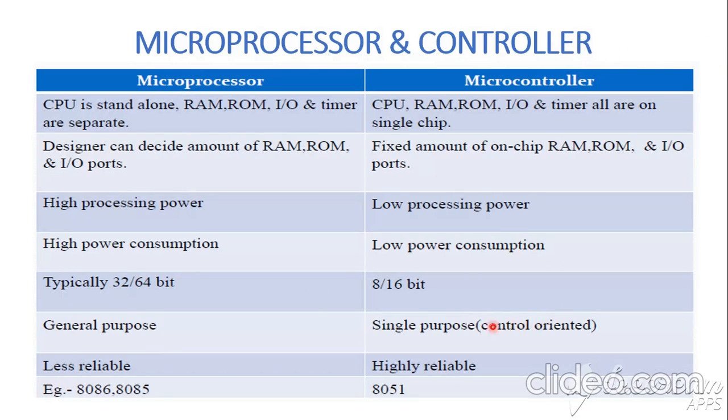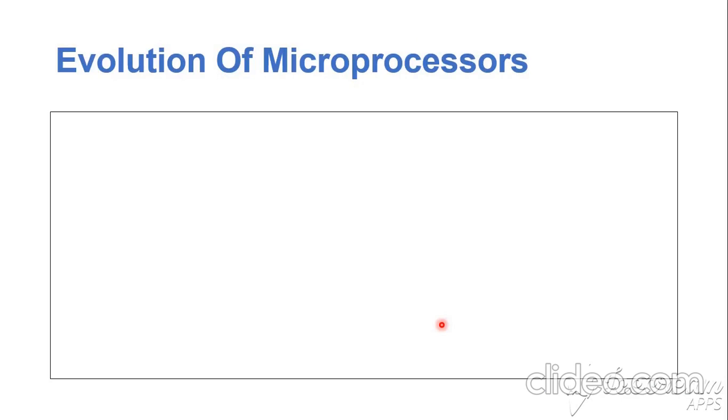A microcontroller is designed for a single purpose, for example a washing machine. That is, the output will be designed for particular inputs. Microprocessor is less reliable, microcontroller is highly reliable. 8086, 8085, these are some examples of microprocessors. 8051 is an example of microcontroller.